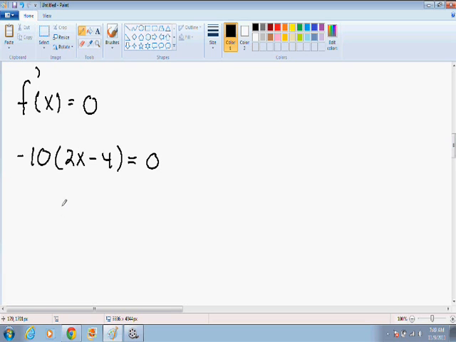So we can solve this equation pretty easily. If we divide both sides by negative 10, we get 2x minus 4 is equal to 0. Now if we add 4 and then divide by 2, we get x is equal to positive 2. So x equals positive 2 is a candidate for one of our critical points.